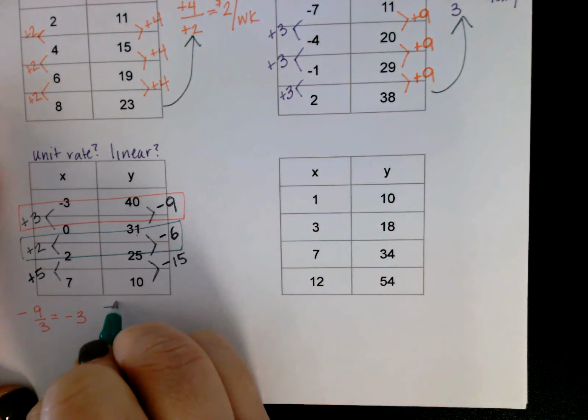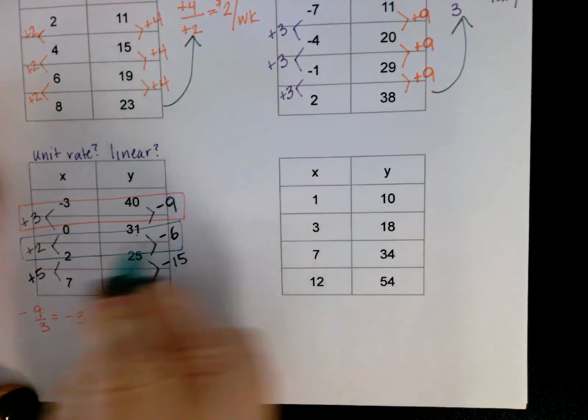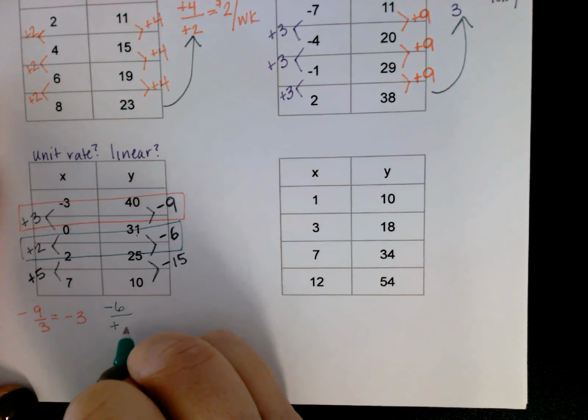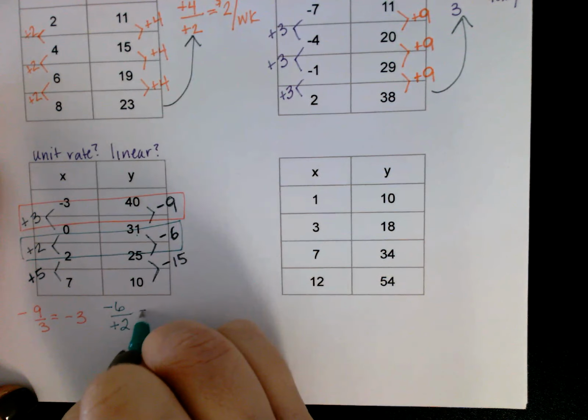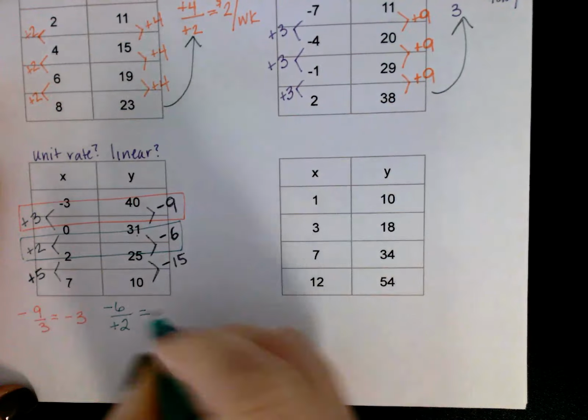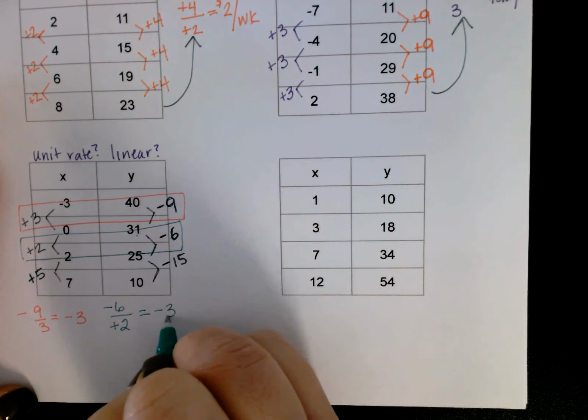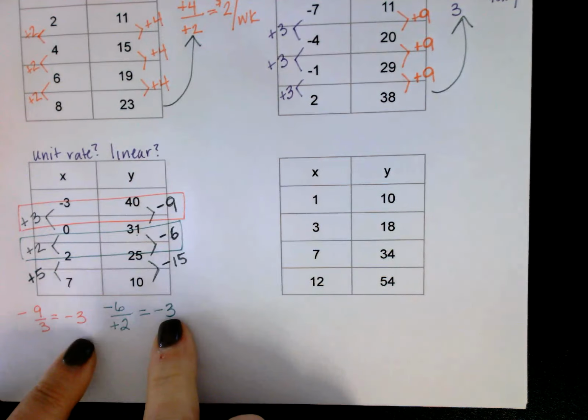When I have a change in y of -6 and a change in x of +2, I simplify that, I get -3. Ooh, those look familiar, but I have one more to check.